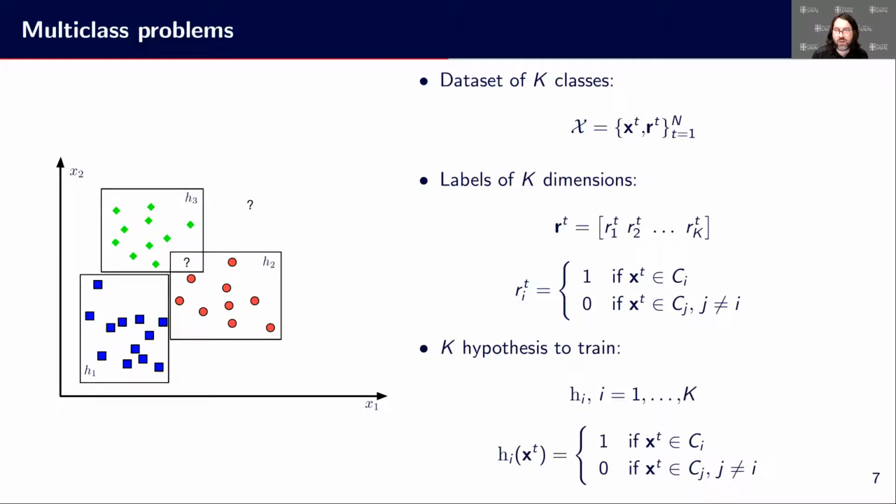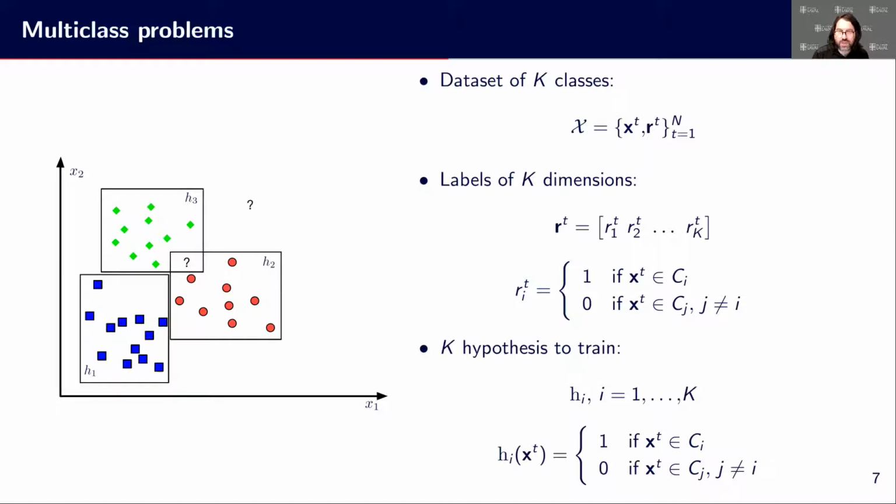So it is really a binary vector, and we constrain it to have one value equal to 1 and all the others equal to 0. This is what we often call the one-hot vector. So we see that r_i^t, basically the label for class i of instance t, is equal to 1 if x^t is part of class C_i, and 0 otherwise, when x^t is not part of class C_i.